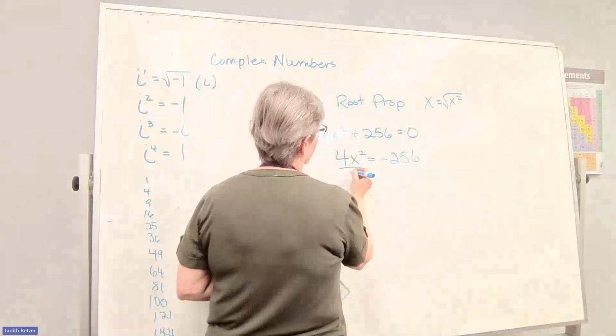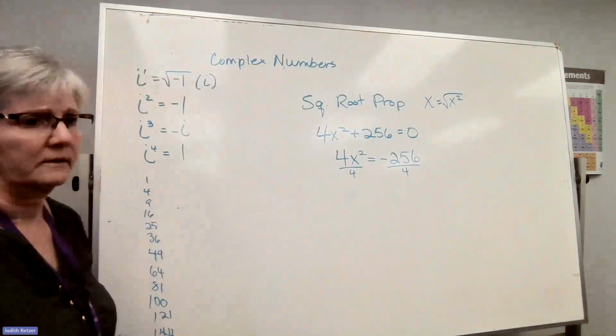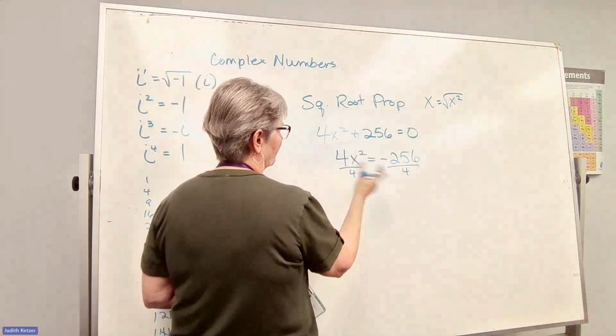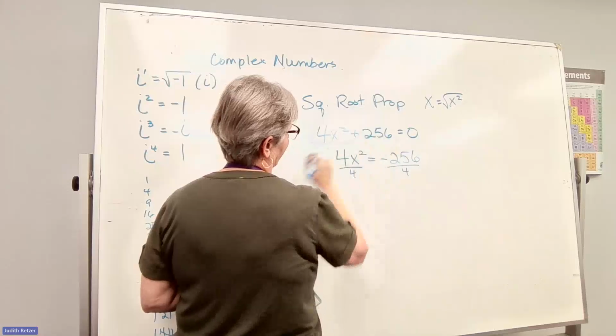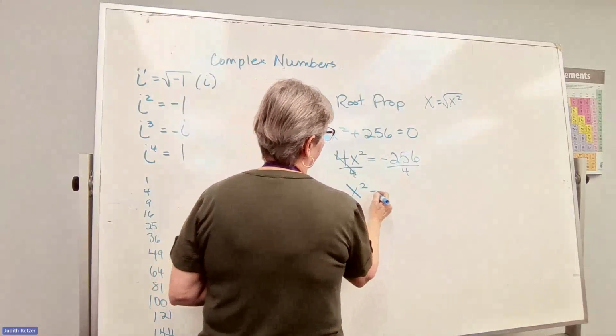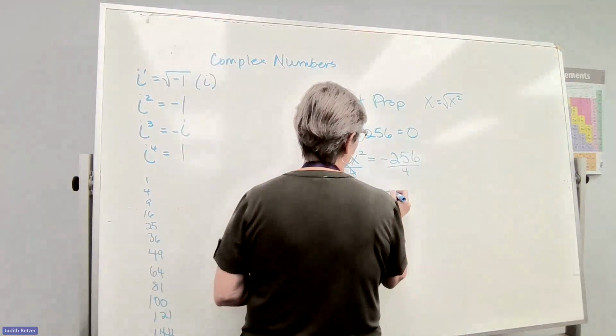Could I divide by 4 and make it a little simpler? Yes, you can, and please do. If there is a greatest common factor, in fact, you could have even done it on this step. It doesn't matter, okay? So I have x squared is equal to what? Negative 64.